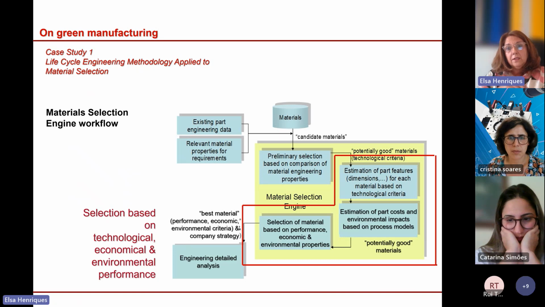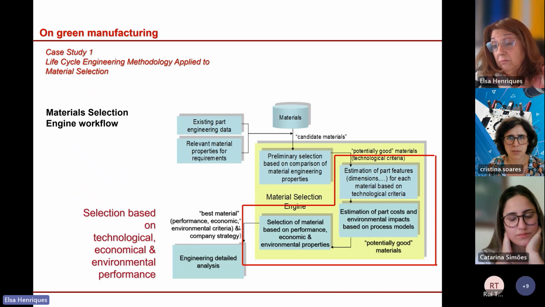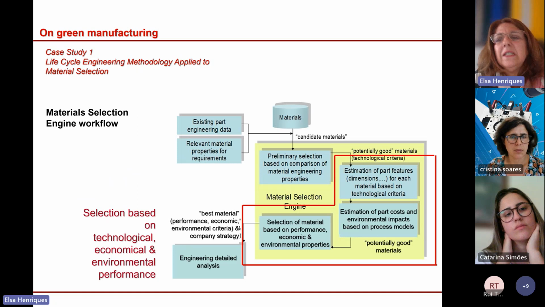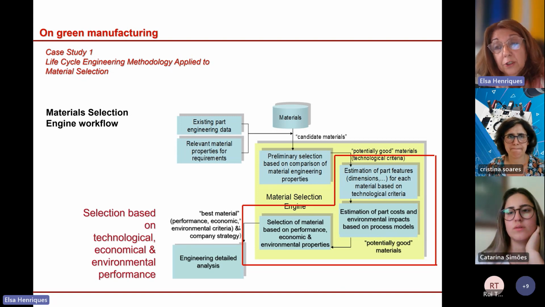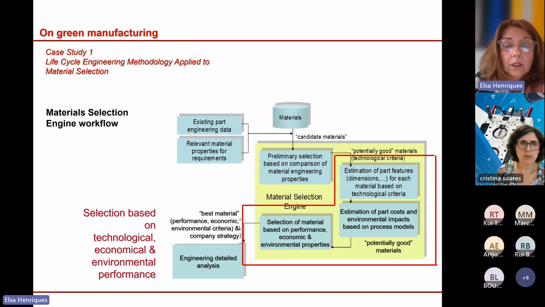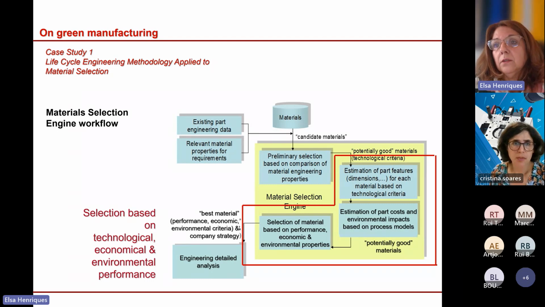So, having the selection of the set of materials that seem to be very good materials to be analyzed, and the current one also, we can go on to select, from that preliminary set, which materials are the best ones based on technological, economical, and environmental performance.